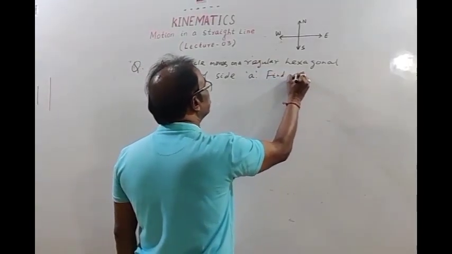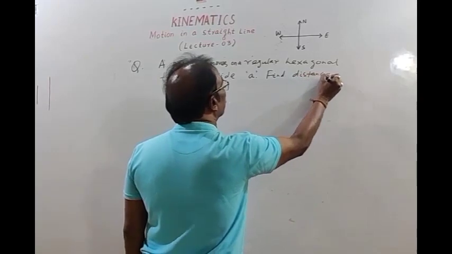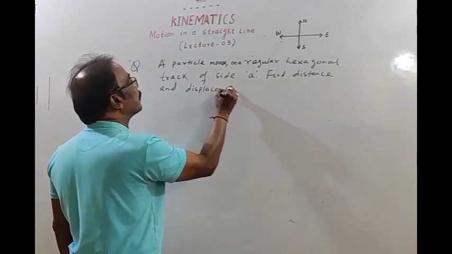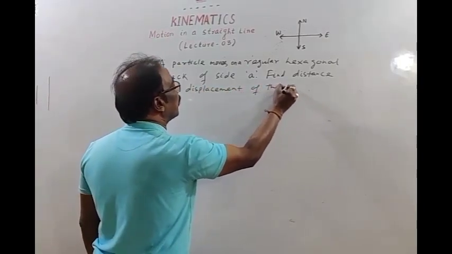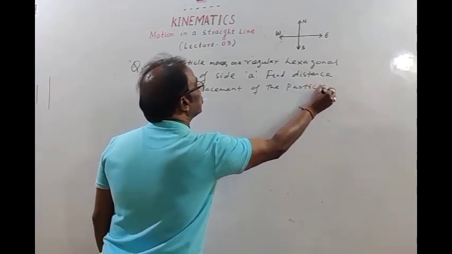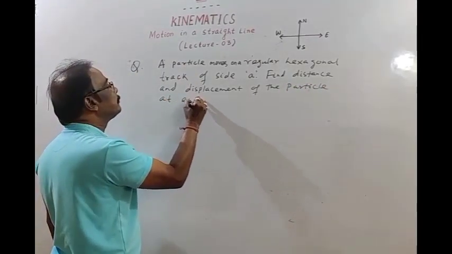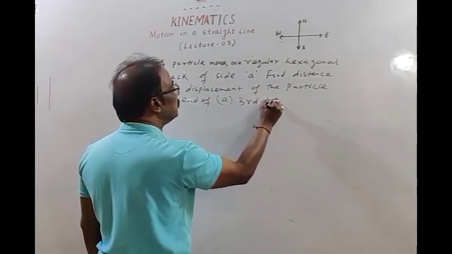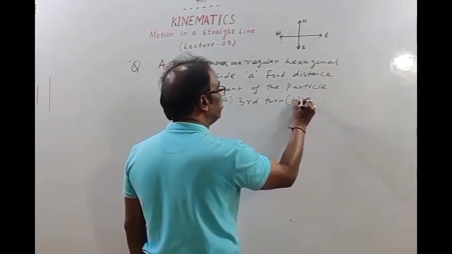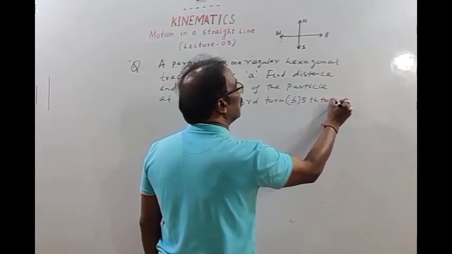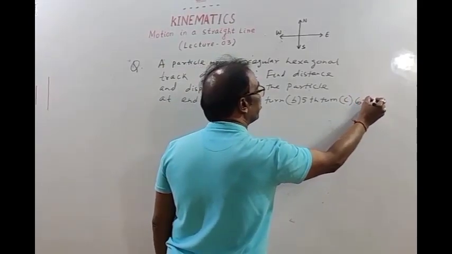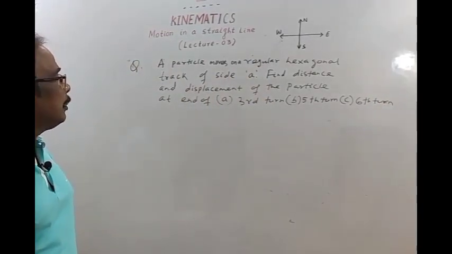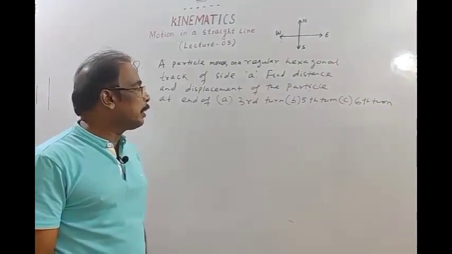Find the distance and displacement of the particle at the end of the third turn at B, fifth turn, and sixth turn at C. Okay. We have to find the distance and displacement of the particle at the end of the third, fifth, and sixth turn.